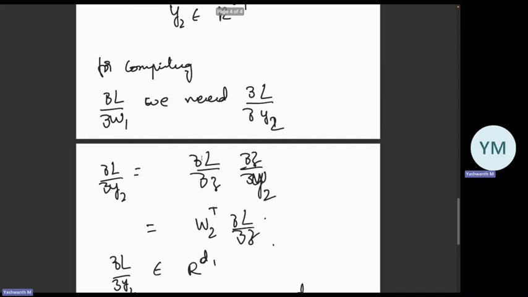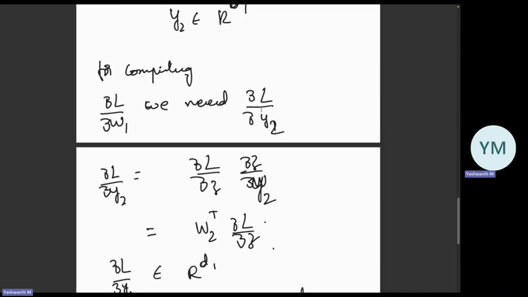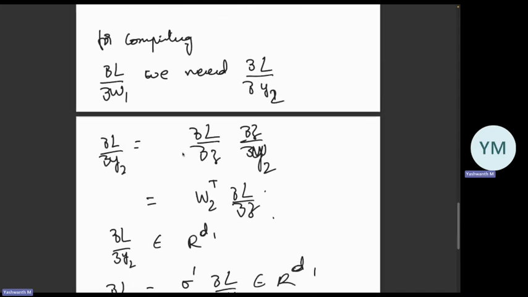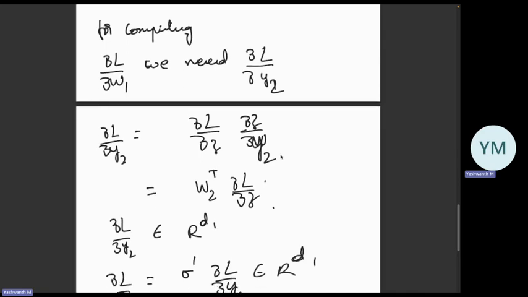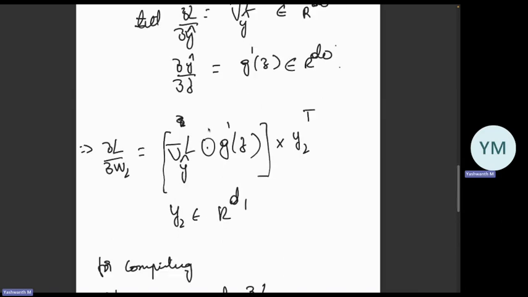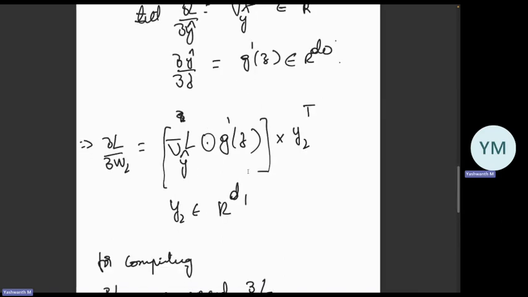That is the reason we need the gradient of loss with respect to y2, and that is given by gradient of loss with respect to z and derivative of z with respect to y2. Gradient of L with respect to Z we have already computed here, which is nothing but gradient of loss with respect to y hat, and again the derivative of y hat with respect to Z.